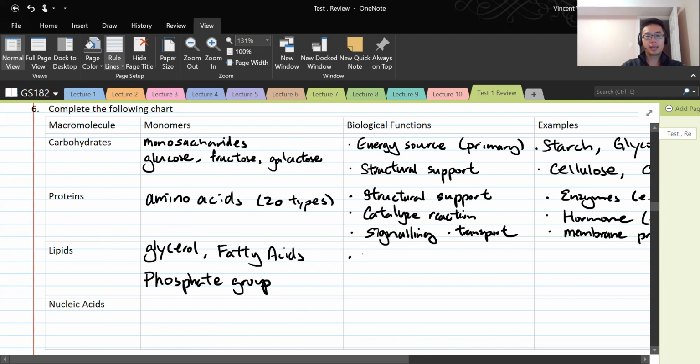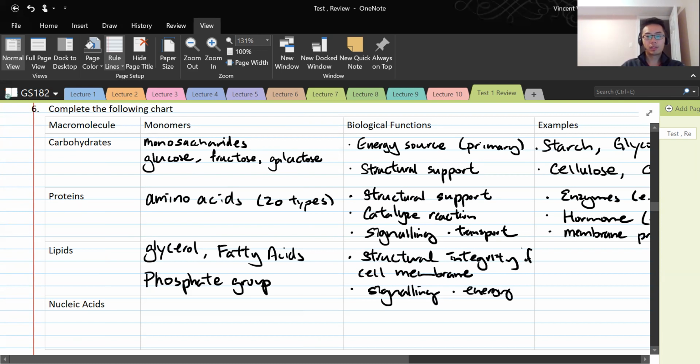Biological functions: structural support, again, structural integrity of the cell membrane, signaling, energy storage.